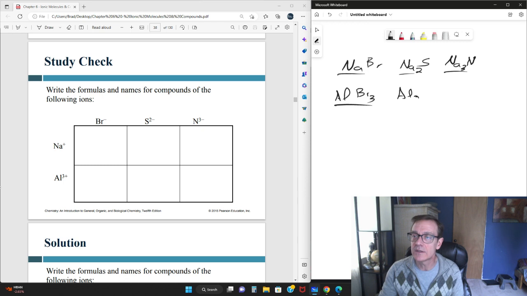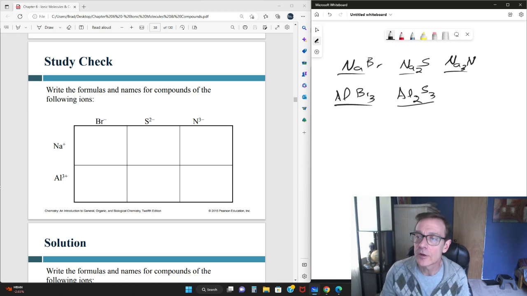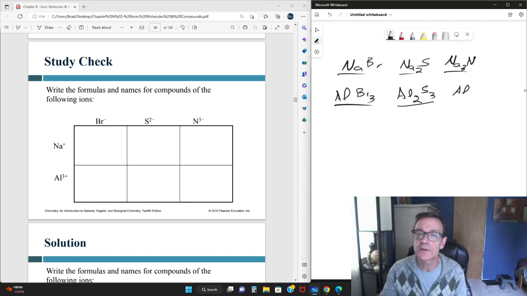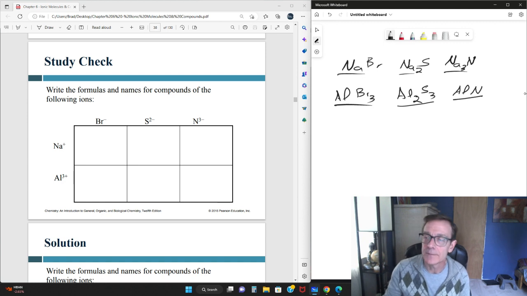So I need 2 aluminums and 3 sulfides to balance out the charges of 6. So aluminum sulfide. We have 6 positive charges on the aluminum portion and 6 negative charges on the sulfur. And lastly, we have aluminum with its +3 and nitride with its -3. So aluminum nitride.